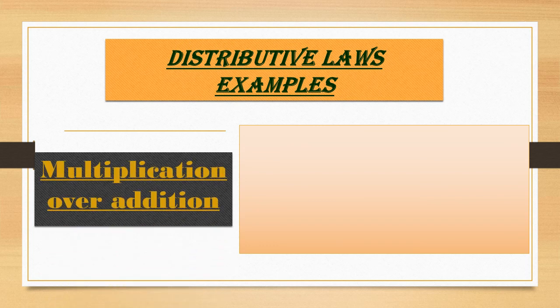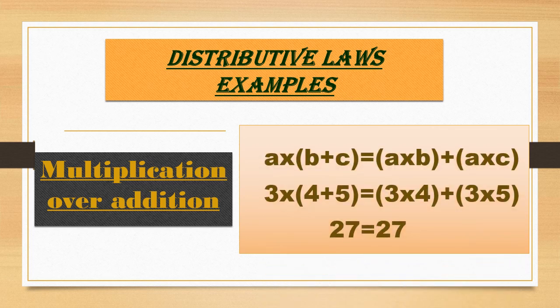First, we discuss the multiplication over addition example. Suppose we have three numbers, A as 3, B as 4, C as 5. Now put these numbers in the multiplication over addition property.